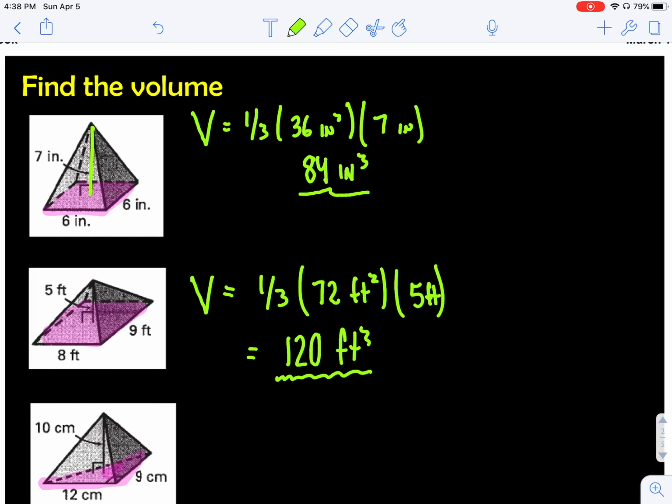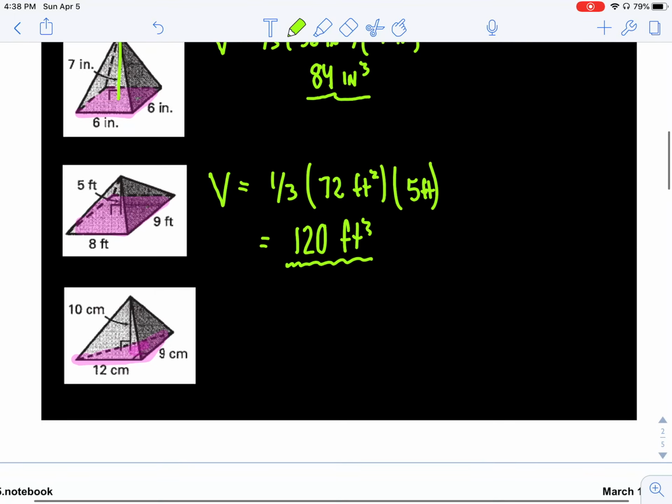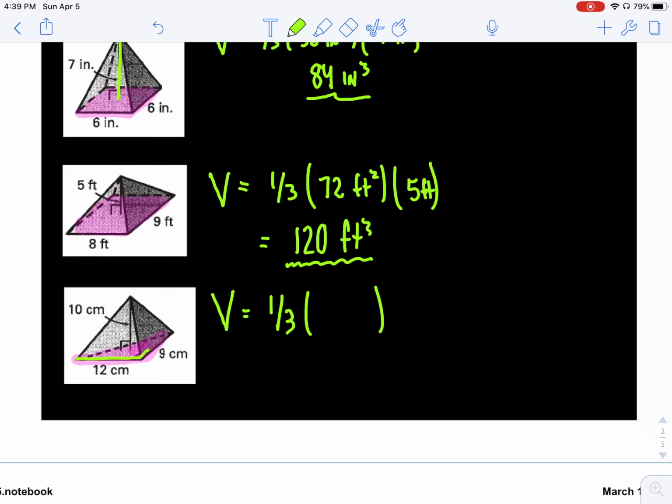Okay, the next one. We have a triangle as our base. So our base area is going to be 1/2 base times height. The base is 12 and the height is 9 of that triangle. That's what makes up the right angle part. So half of 12 is 6, times 9 is 54.